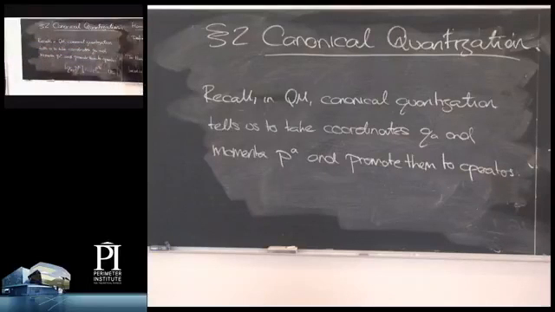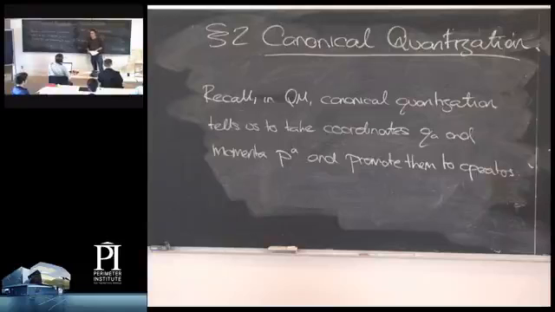So this is just reminding you about what happens in quantum mechanics, and now we're just going to take this and translate it to this pi and this pi. Okay, exactly the same. Other questions?